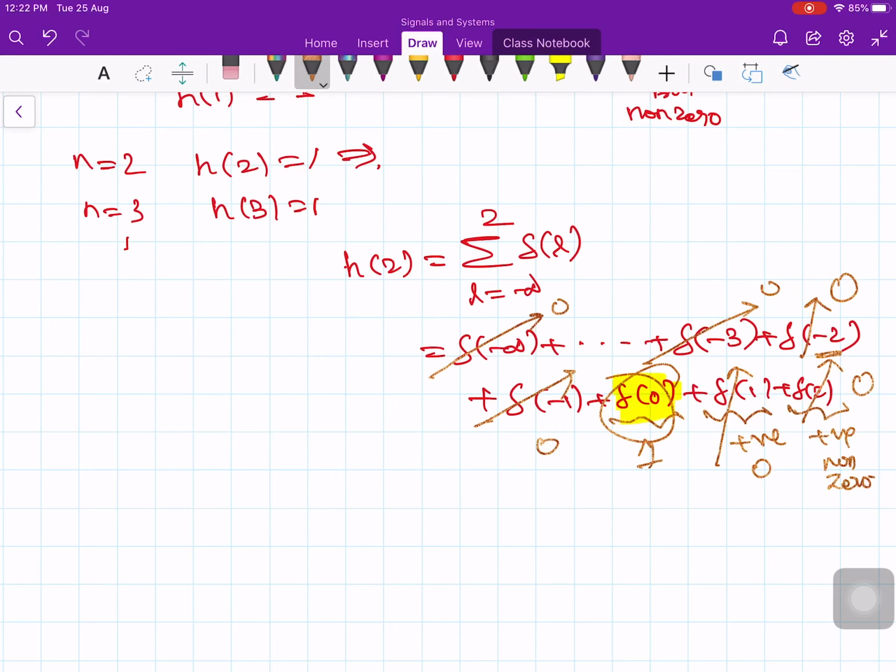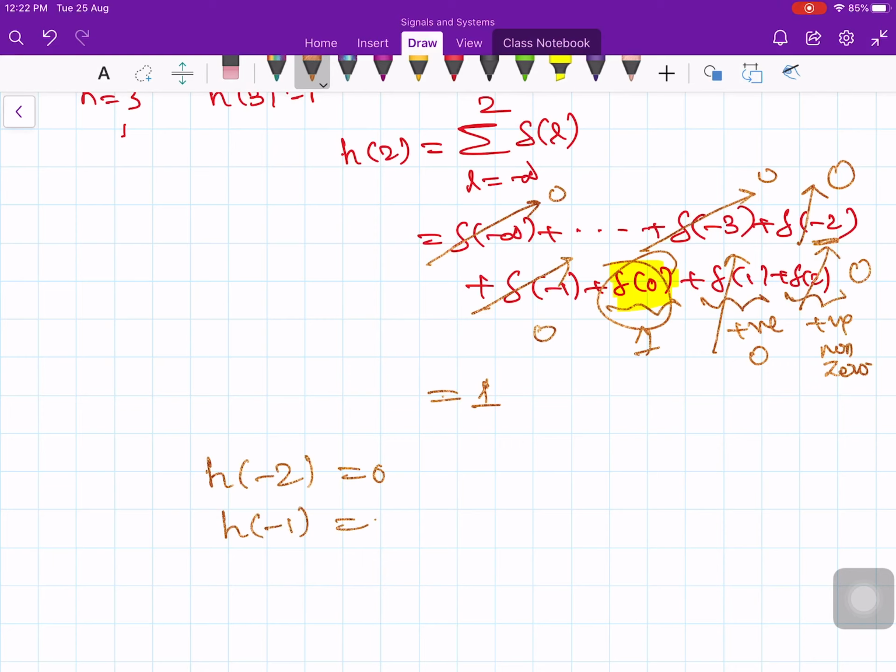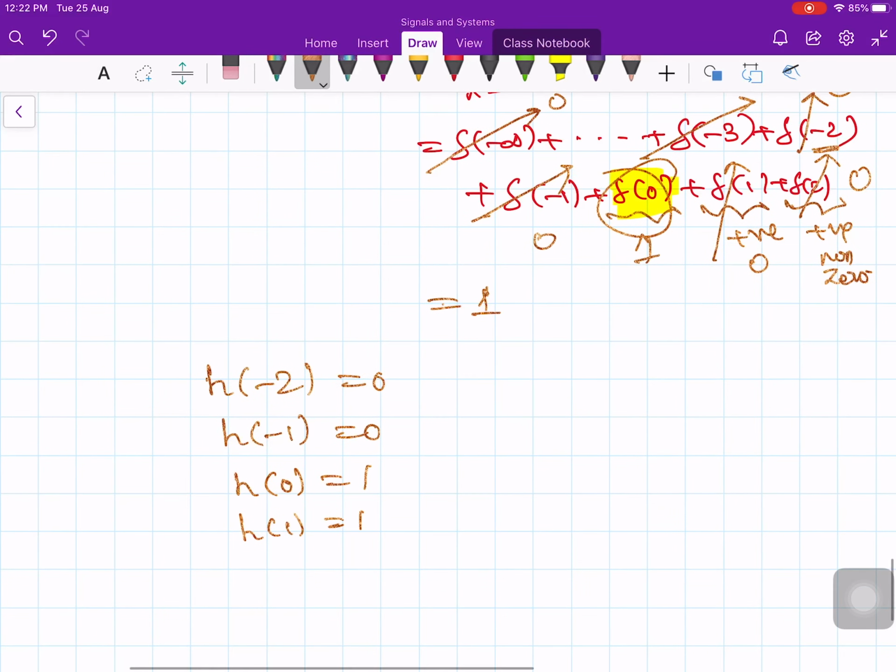So our final result is h of minus 2 is equal to 0, h of minus 1 is equal to 0, h of 0 equal to 1, h of 1 is equal to 1 and so on and so forth, right. Therefore in compact form I can write h of n is equal to 1 for n greater than or equal to 0 and 0 for n less than 0.